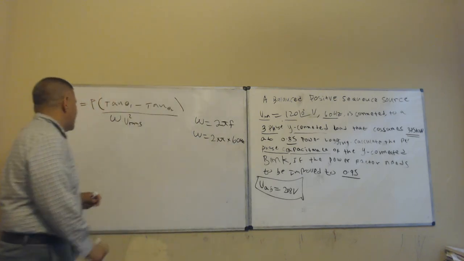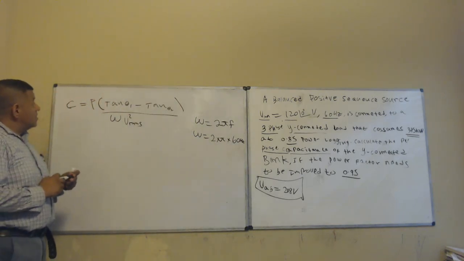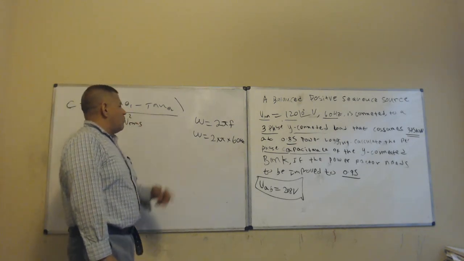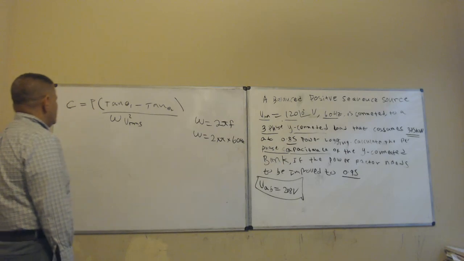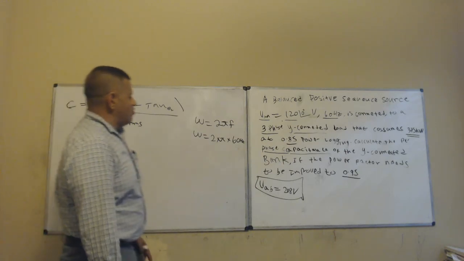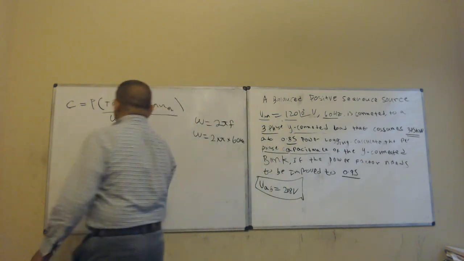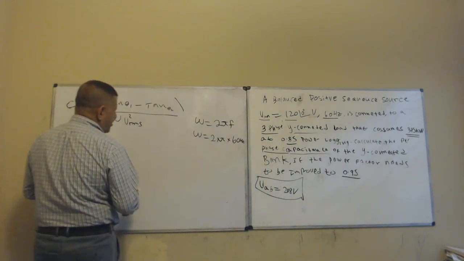Now, when we do that, the first step is to find theta 1 and theta 2, right? Well, theta 1 is the first one given, which is this guy, and theta 2 is the other one. So how do we do that?